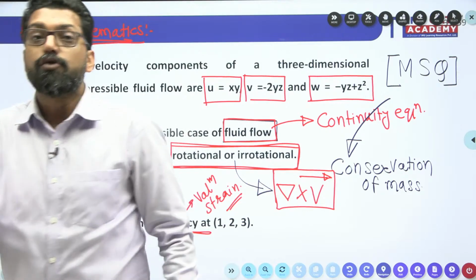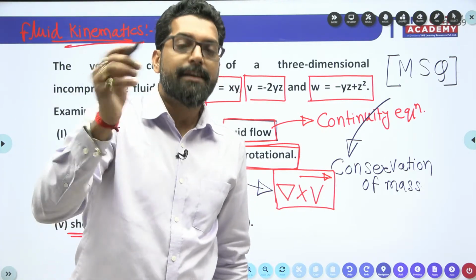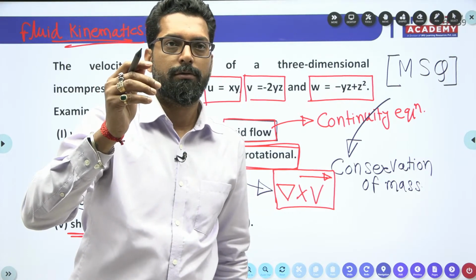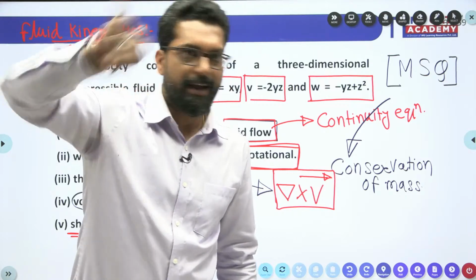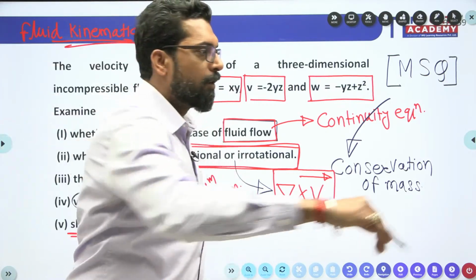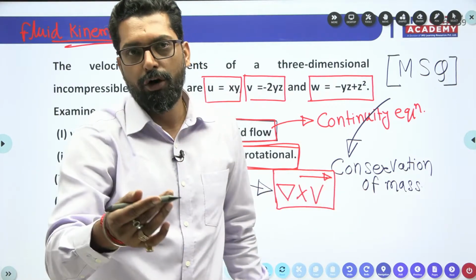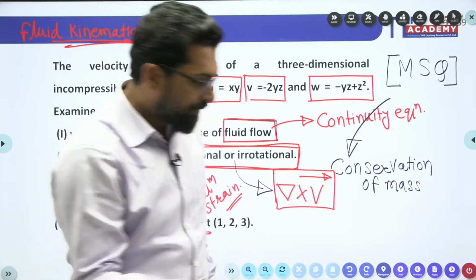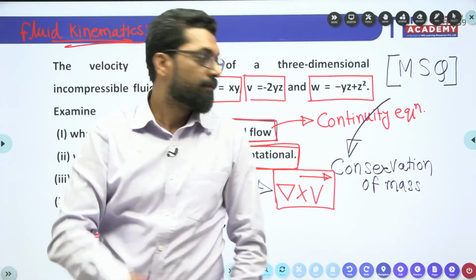Irrotational means not rotating, that means omega is 0. There is no omega at all. If omega is 0, that means not rotating. If omega is not 0, that means there is a rotation.